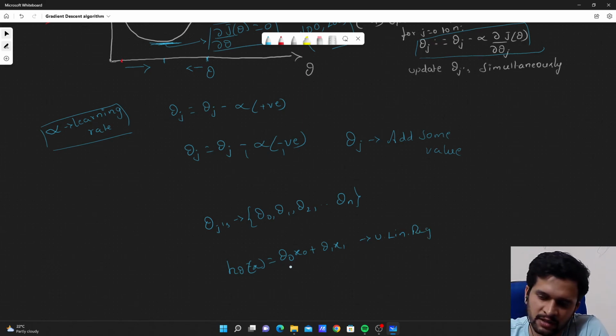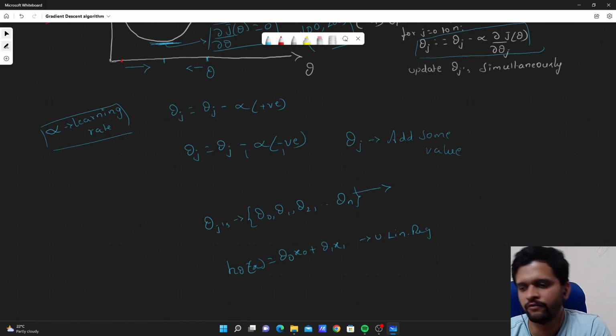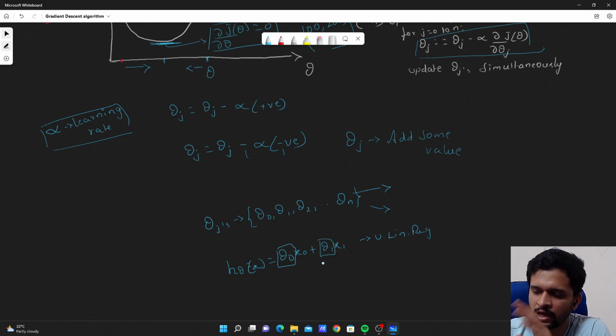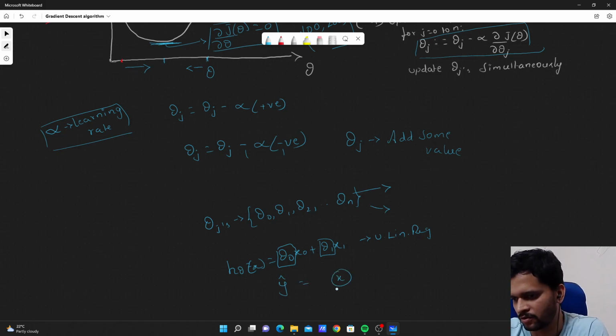After gradient descent, you will have values for thetas that are definitely different from the initial random initialization, which you can use in this hypothesis to predict for any new data that you have never seen. So that's it about the gradient descent algorithm.